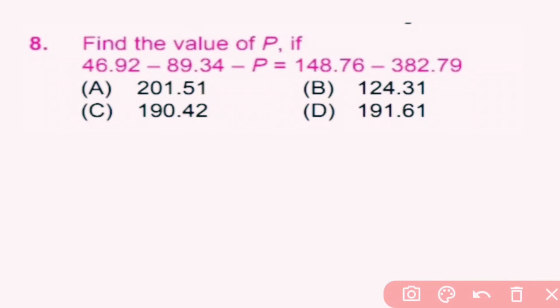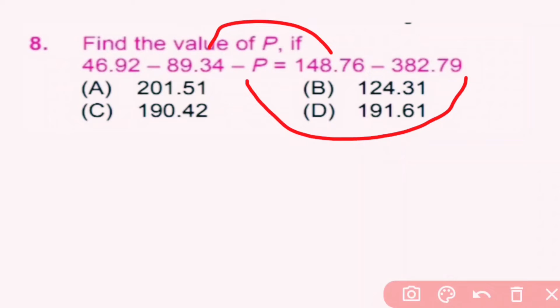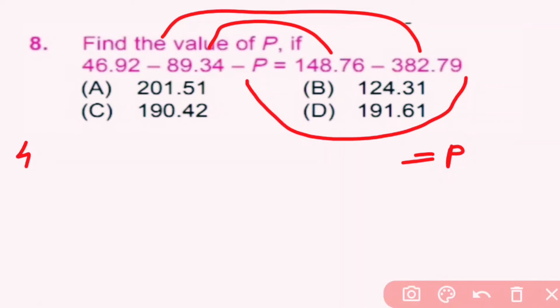Question number 8. Find the value of P if 46.92 minus 89.34 minus P is equal to 148.76 minus 382.79. Here P has a negative sign, so we take P this side, so it will become plus P, and then we take this side, it will become minus, and this will become plus this side. So the equation will be this side P plus P, and this side 46.92 minus 89.34.